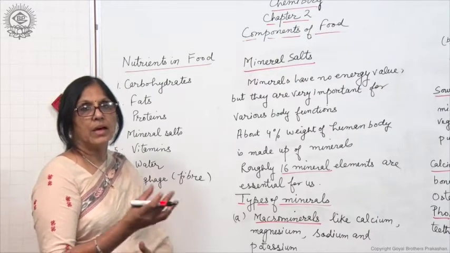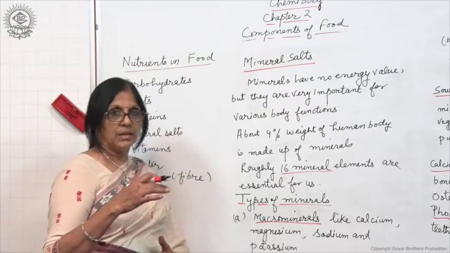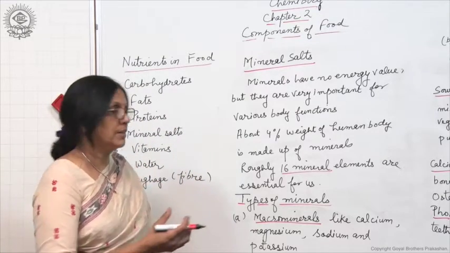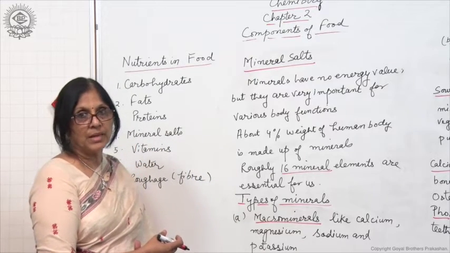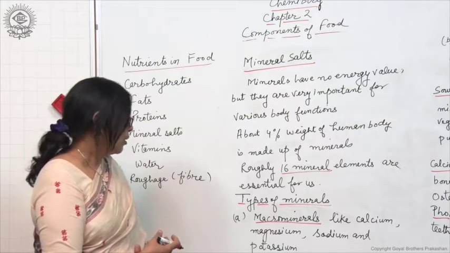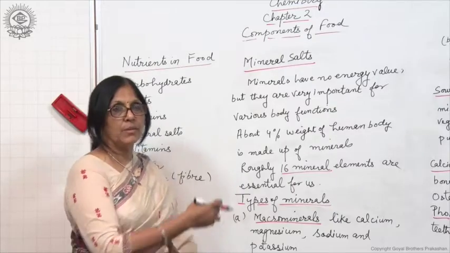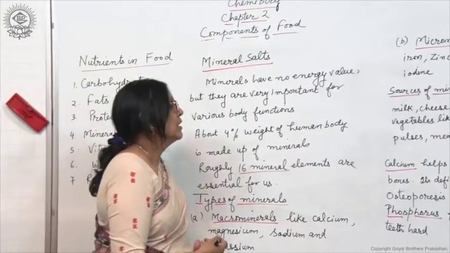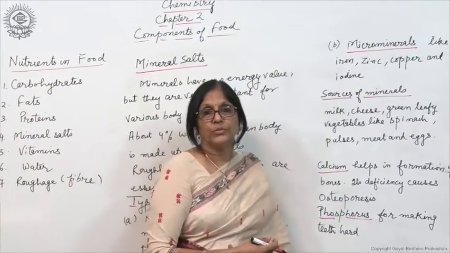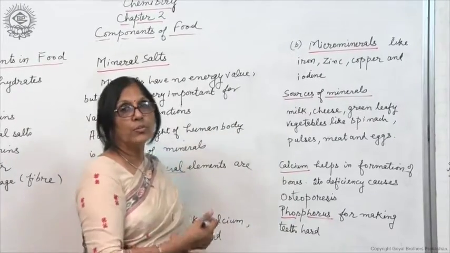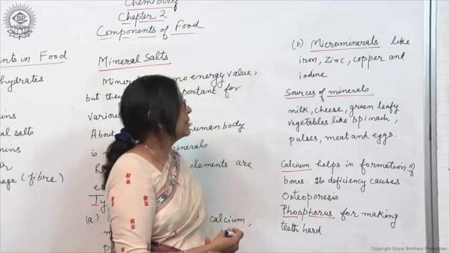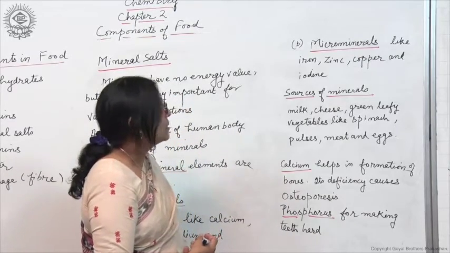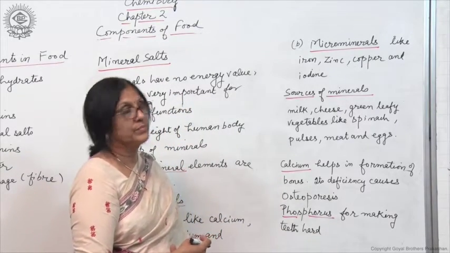Now some minerals are required by the body in a little bit larger amount, and they are called macro minerals, and these are calcium, magnesium, sodium and potassium. And some other minerals which are required in smaller amounts are called micro minerals, like iron, copper, zinc and iodine.